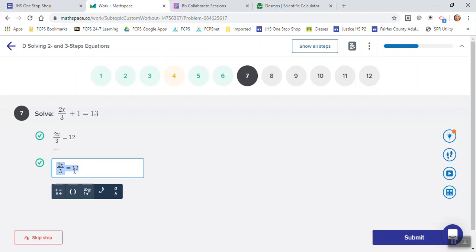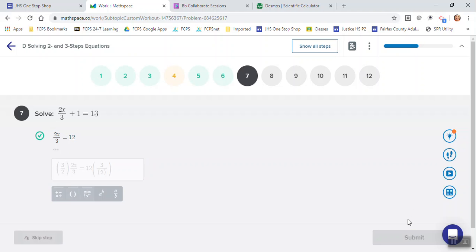undo 2/3 by multiplying by the reciprocal, which is 3 over 2, right? The reciprocal of 2/3 is 3 over 2, and then you do the same thing with the right side of the equation. Okay, and then submit.